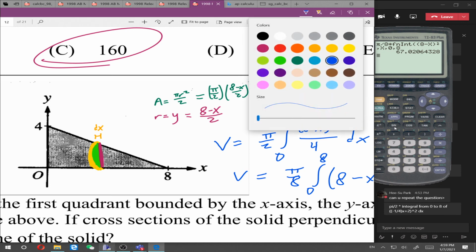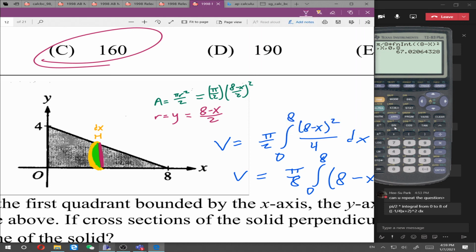So I need to go back. My r should be y over 2, which would make this half of what we had originally. Changing this to over 4, over 16, over 32. Okay, originally that was over 2.